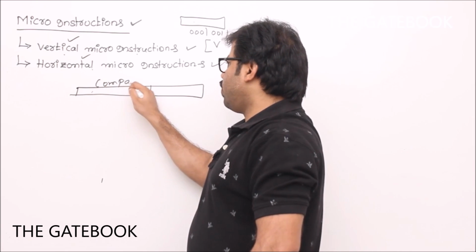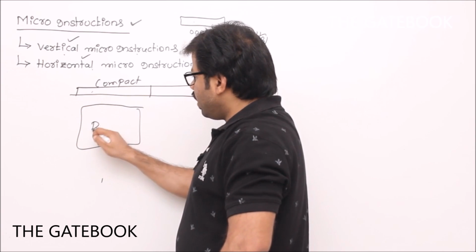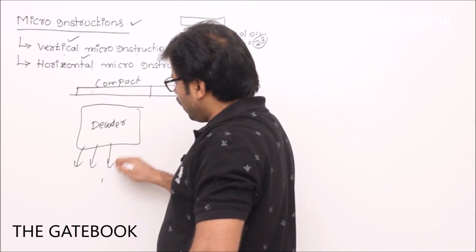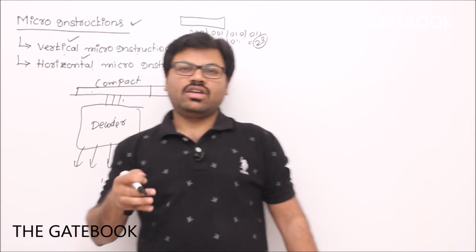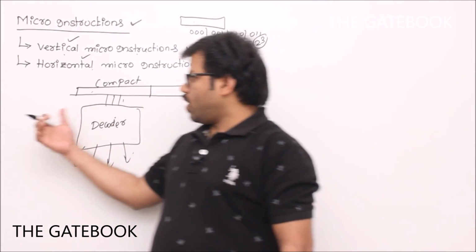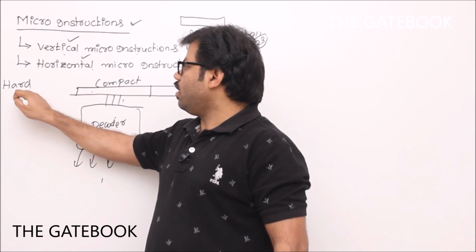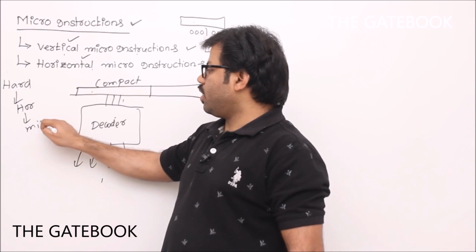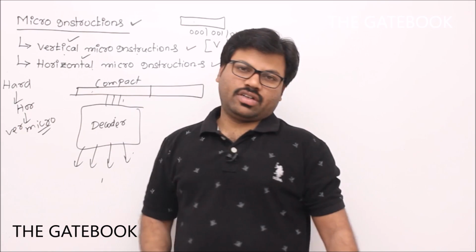Because of this compact form, we have to give that to a decoder again. So that decoder has to generate the control signals, right? So I can say that again there is a delay because of the decoder, one more level. So the speed order is definitely hardwired is best, then horizontal, then vertical microprogramming. So vertical microprogramming is the slowest one, right?